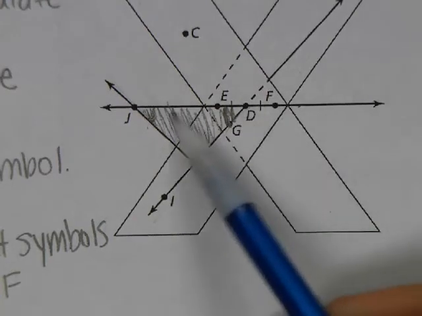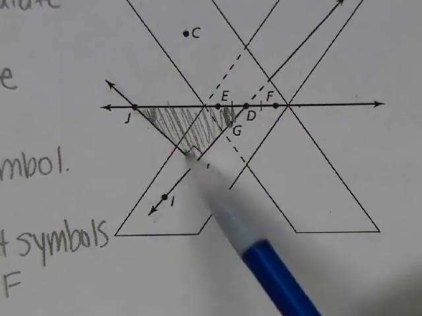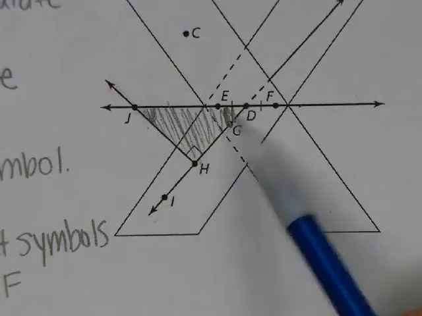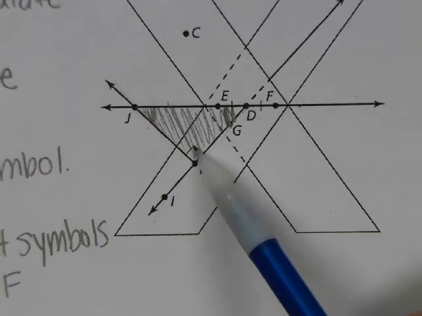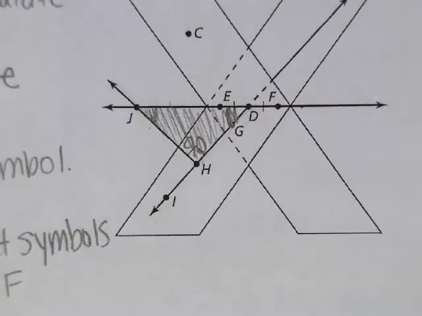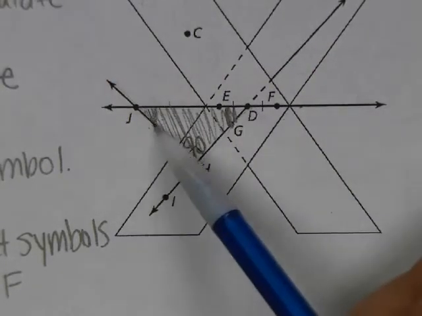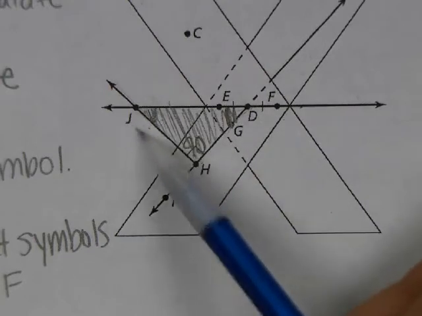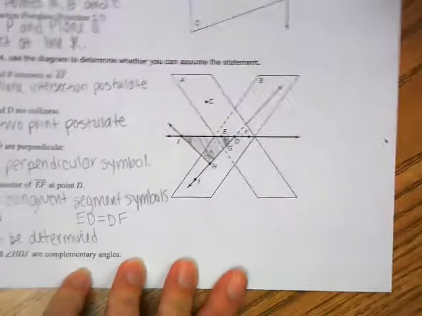And it's only because those two angles are part of this right triangle. And the three angles in a triangle have to add up to 180 degrees. And if one of the angles is already 90 degrees because of this perpendicular symbol, that means these other two angles have to also add up to 90 so that all three of them add up to 180.